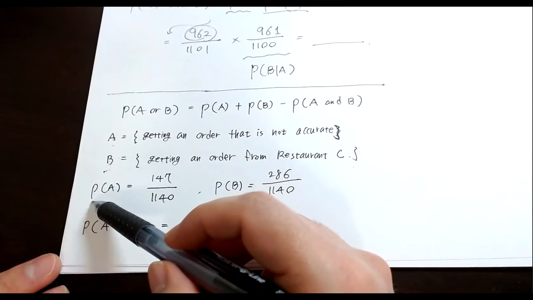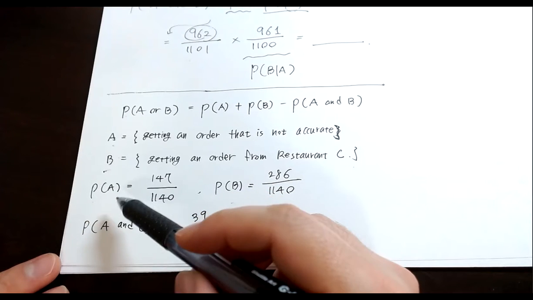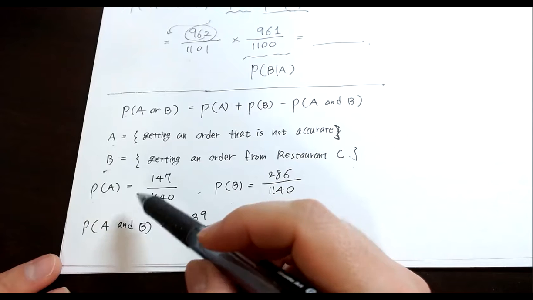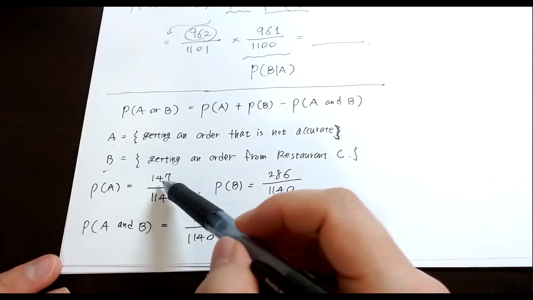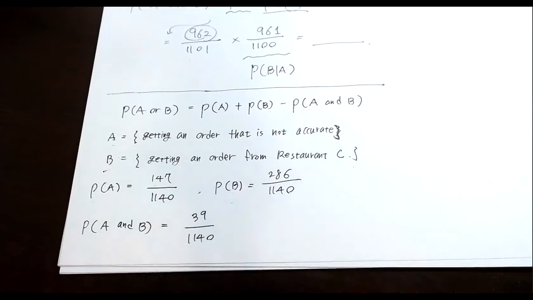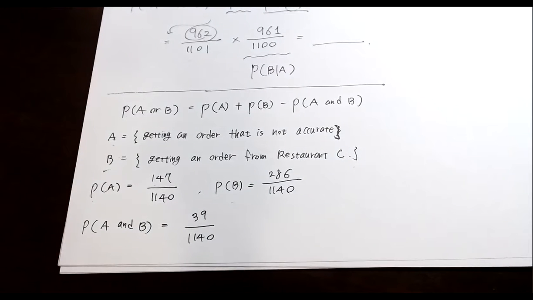Then we can figure out probability A and probability B. The probability that we select an order that is not accurate is going to be 147 out of 1140. The 147 comes from the sum of all the orders not accurate, divided by the total number of orders in the table.